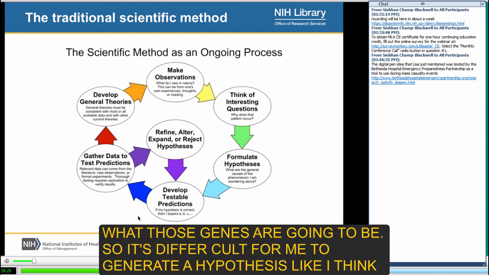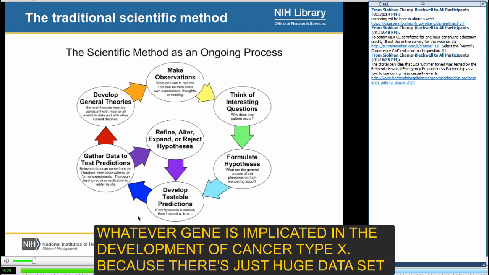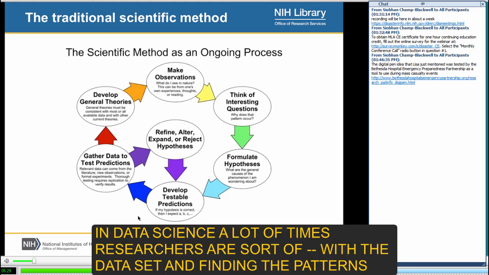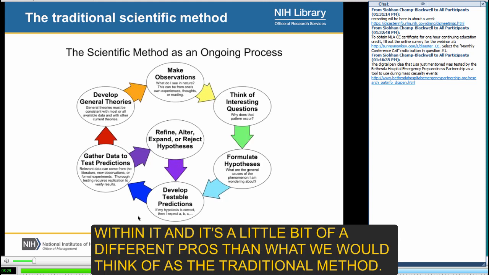So it's difficult for me to generate a hypothesis like, I think whatever gene is implicated in the development of cancer type X, because there's just this huge data set that I don't know in advance of looking at it what's important and what is not. So in data science, a lot of times researchers are starting more with the data set and finding the patterns within it. It's a little bit of a different process than what we would think of as the traditional scientific method.